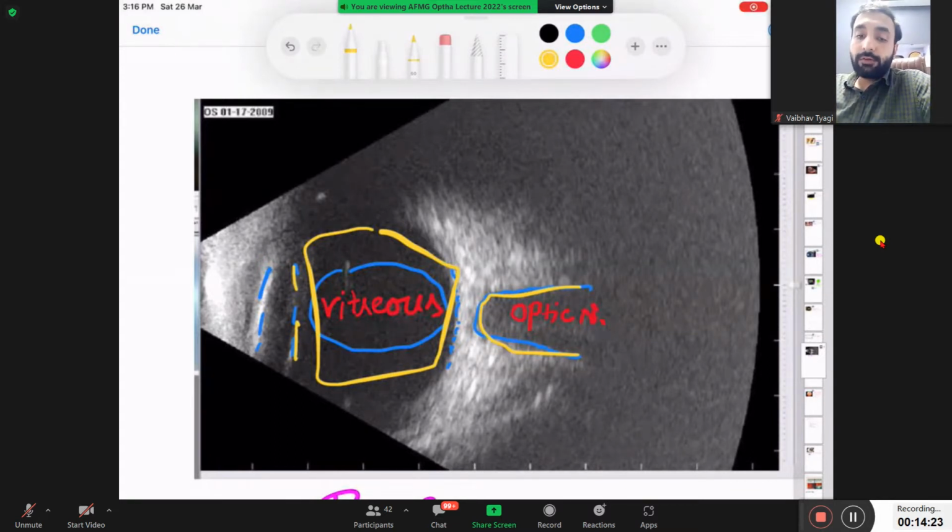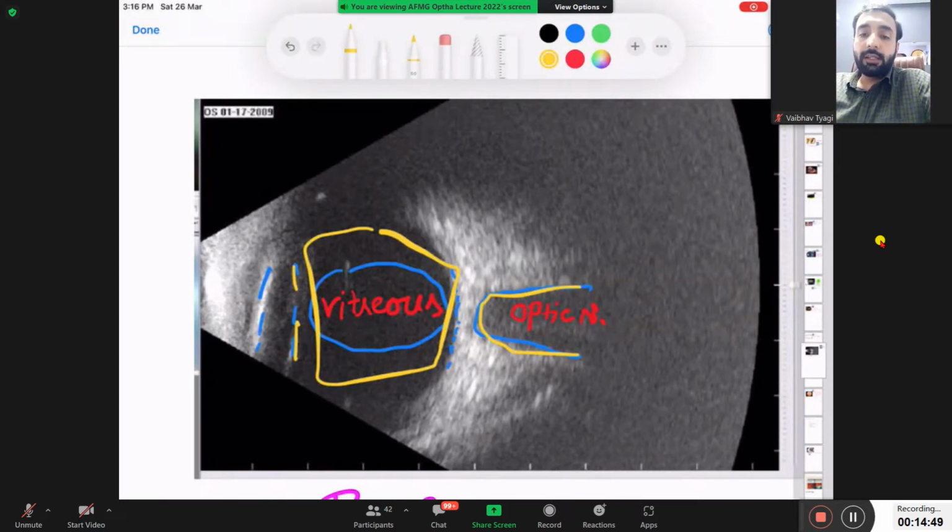So in hazy media, suppose a cataract is there, but it is a soft cataract and it is not very dense. In those cataracts, we can see fundus or retina through indirect ophthalmoscopy. But if the cataract is very hard, or if it is very mature, then through indirect ophthalmoscopy also we cannot see the retina.